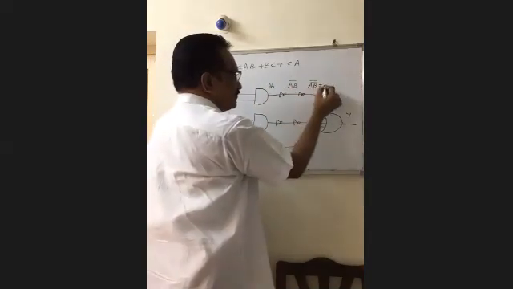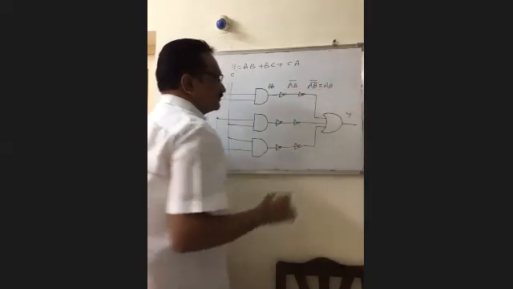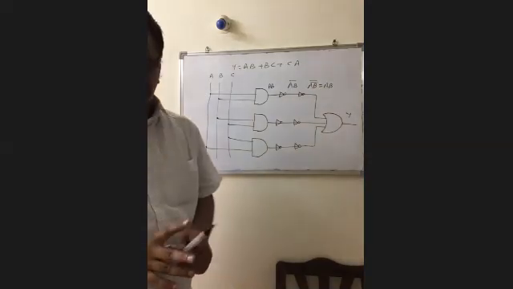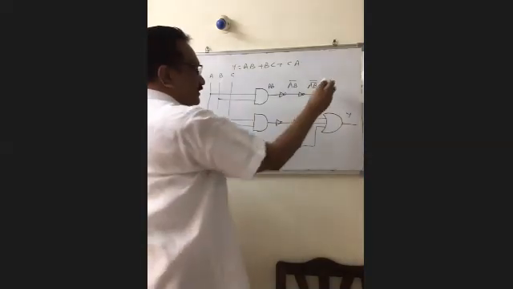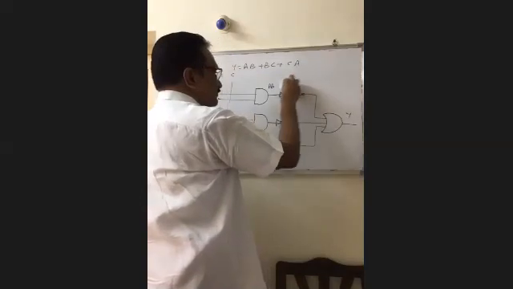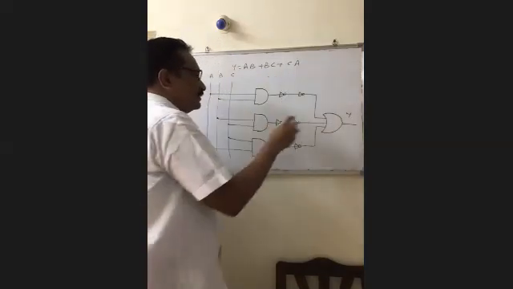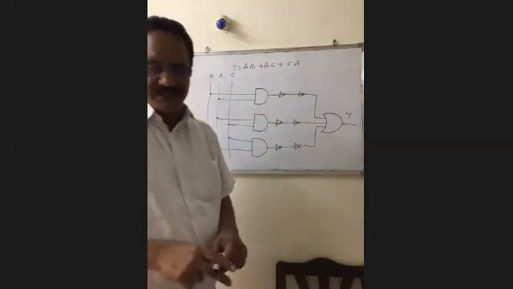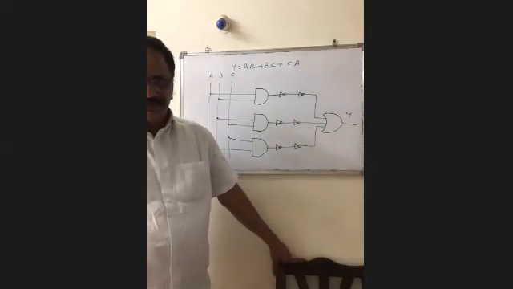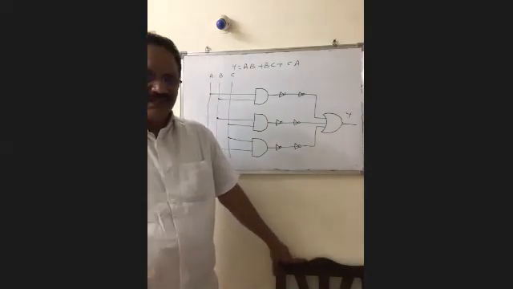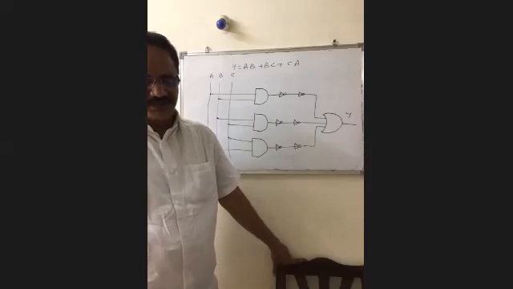So that is also equal to AB itself. So if we connect 2 NOT gates in series, there is no change in the realization of the expression.